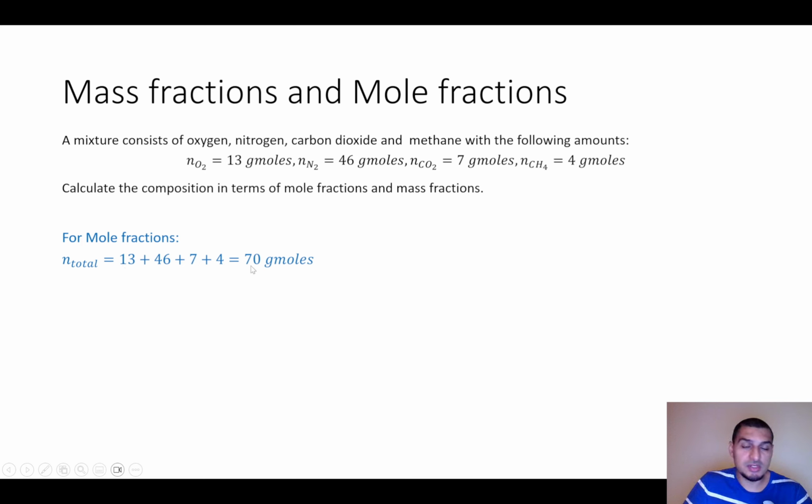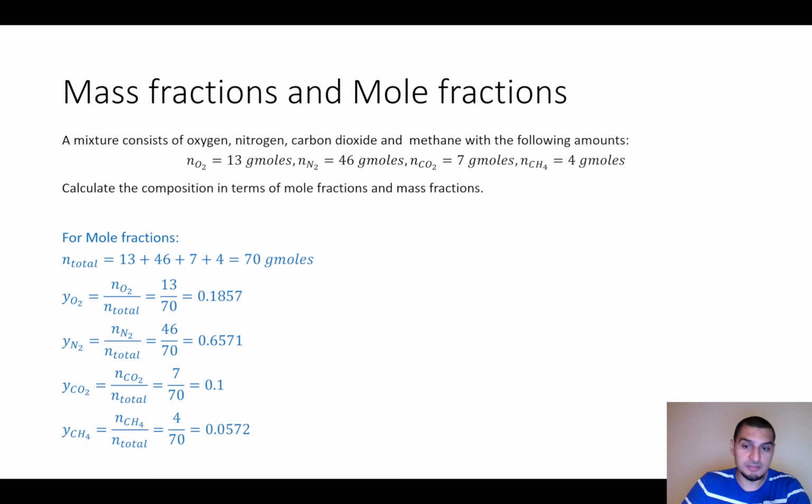So the mole fraction, according to the definition, is the number of moles of each component divided by the total, which is 70. So what I'm doing is I divide 13 by 70, 46 by 70, 7 by 70, 4 by 70, and then I have the mole fractions. So these are the mole fractions. Very straightforward, very simple, no issues here.